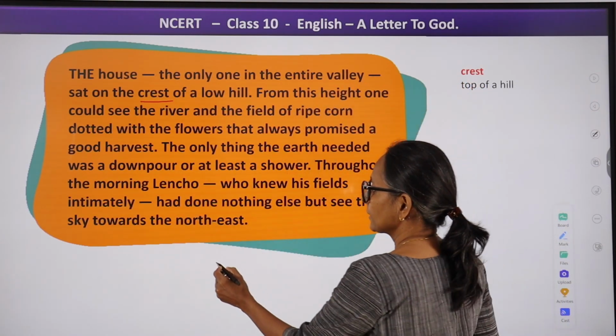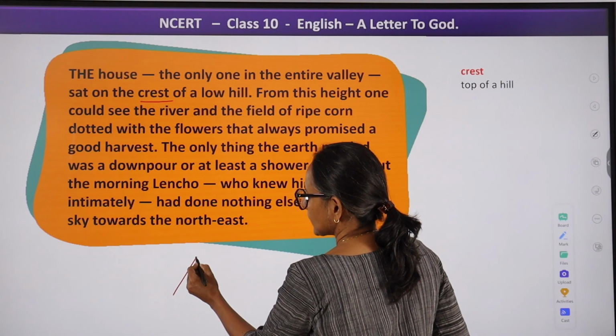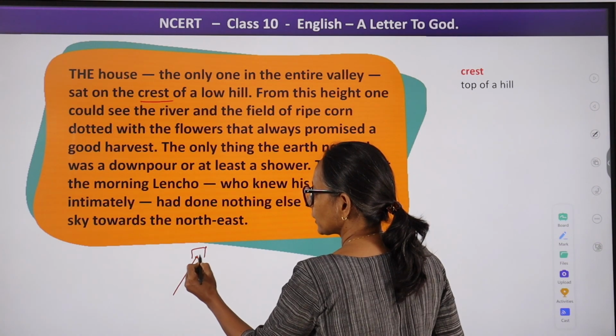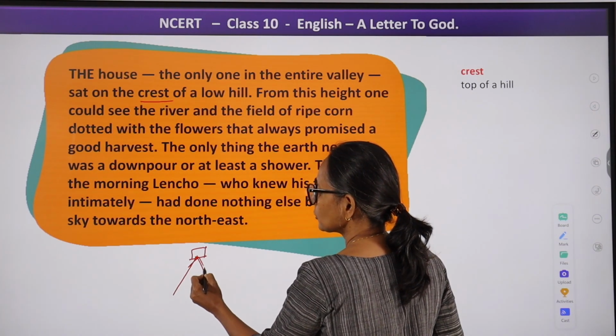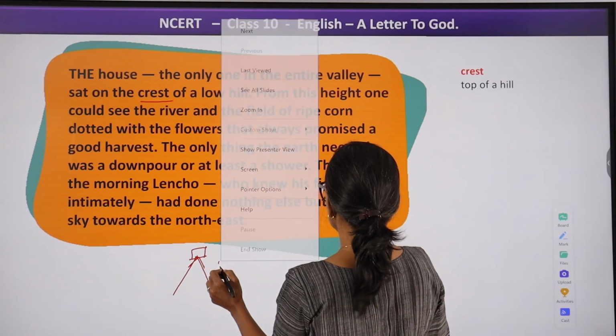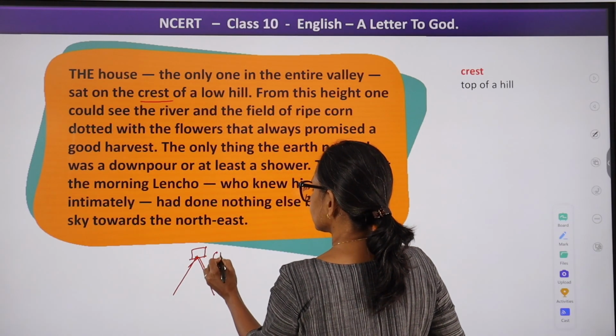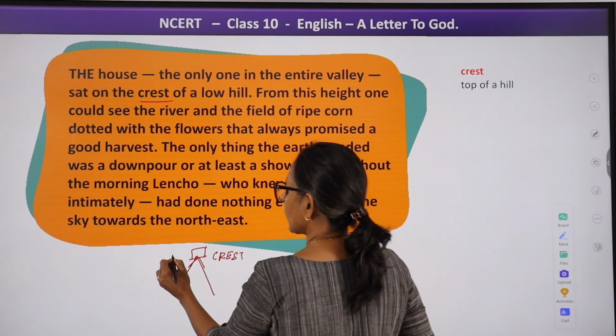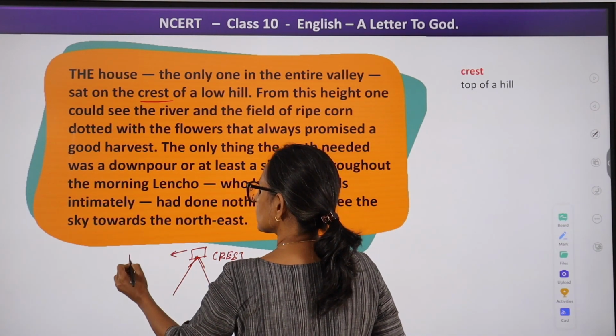So the hill stands like this, and this house that we are talking about is somewhere on the top of a hill. So this is the crest. And this is where the house is.